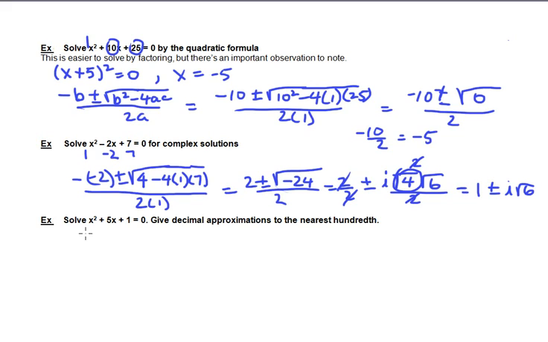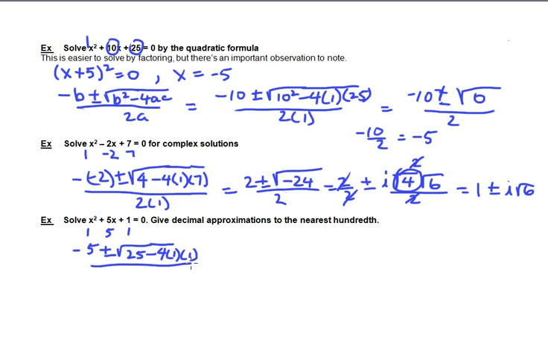So here we've got x squared, so our coefficient a is equal to 1, our coefficient b is equal to positive 5, and our coefficient c is equal to positive 1. Plugging into the quadratic equation, we get negative 5 plus or minus the square root of b squared, so 5 squared is 25, minus 4 times 1 times 1.